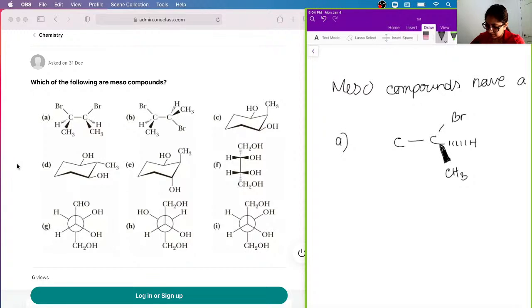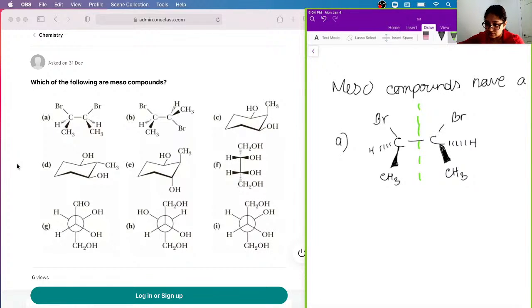For this case, it's the same thing: H is going backwards, and your methyl group is coming towards you. So this is a meso compound, since if you break this apart, you would have the same substituents on the same side. Therefore, they're identical.